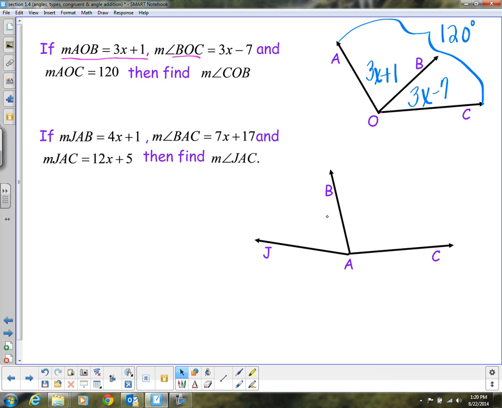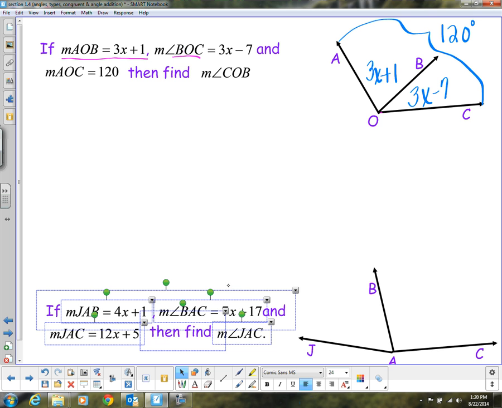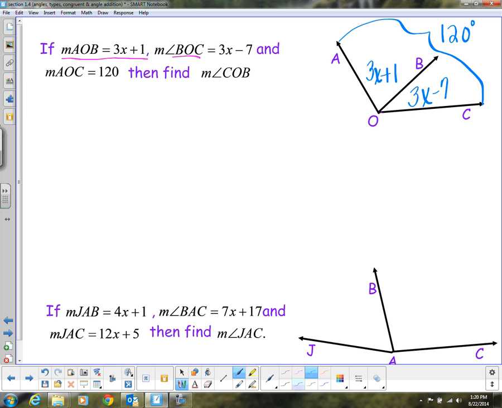So what equation are you going to write in order to solve this? Well, we know if we take this part and add it to this part, it should equal the whole. So 3x plus 1 plus 3x minus 7 should equal 120.